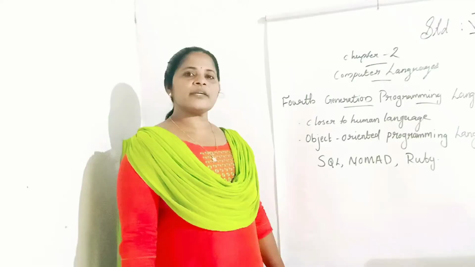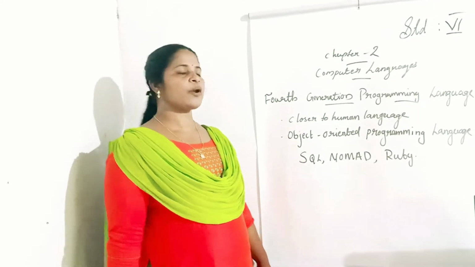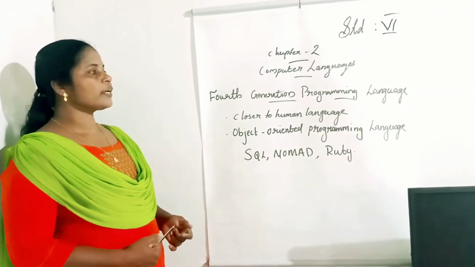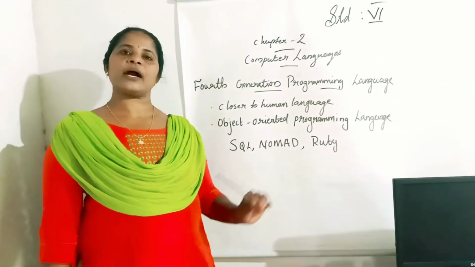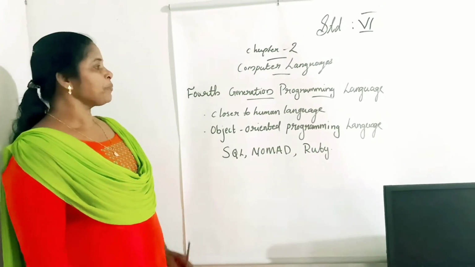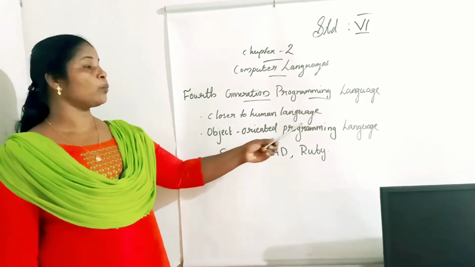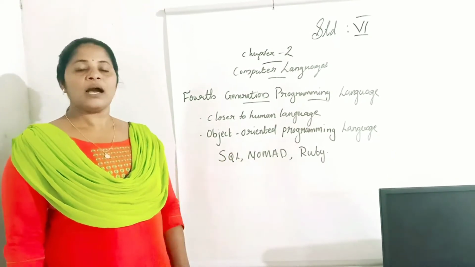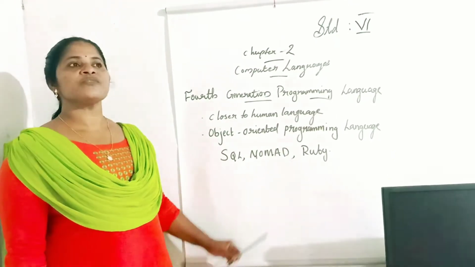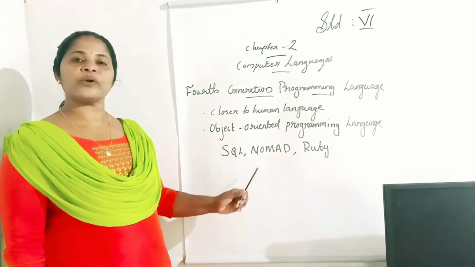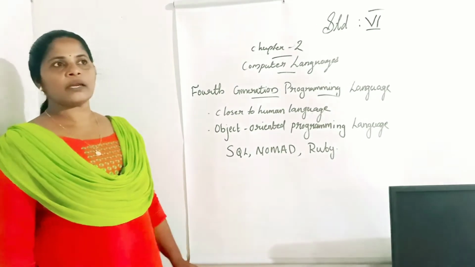Okay. Next one, fourth generation programming language. Fourth generation programming language is also a high level programming language, and it is closer to human language than any other high level language, and it is very easy to use this language to develop software.